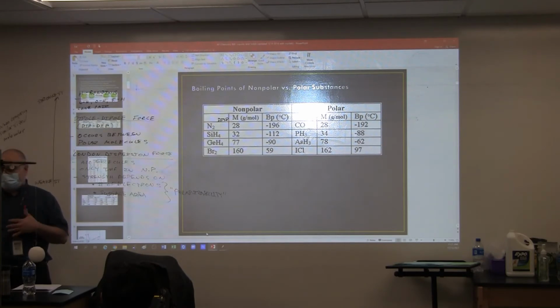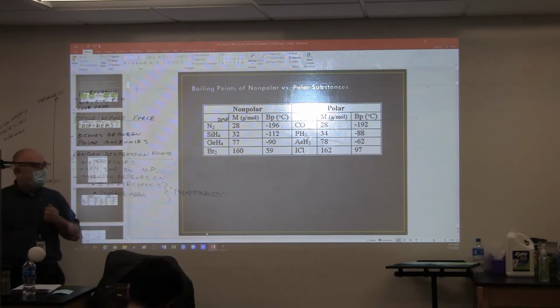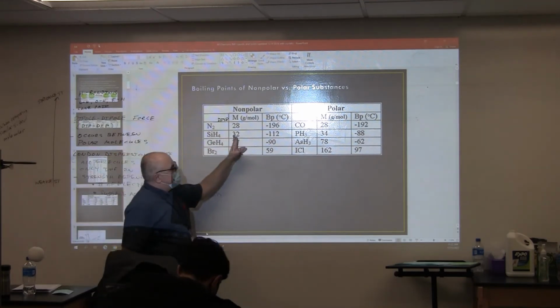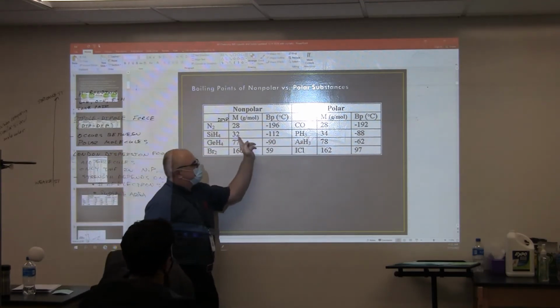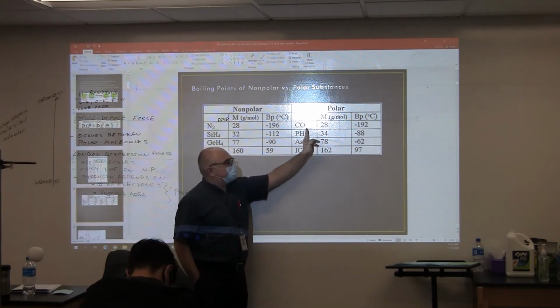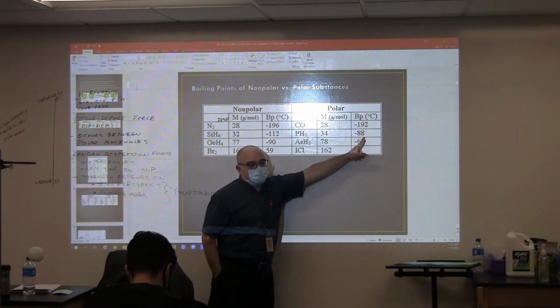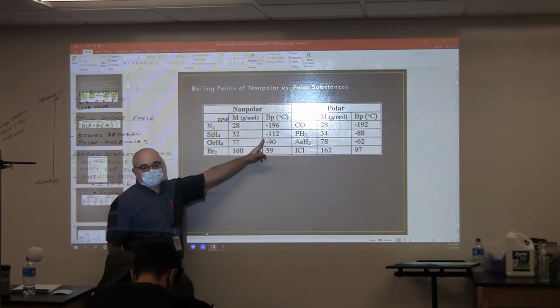Just like you can glue and tape something if you want, and staple it. Different ways to bind it, but more binding. And you can see this pattern down the list. Each time I try to compare things that had similar dispersion, and each time it's the polarity and the dipole-dipole attraction that explains why this side is continuously harder to boil than this side.